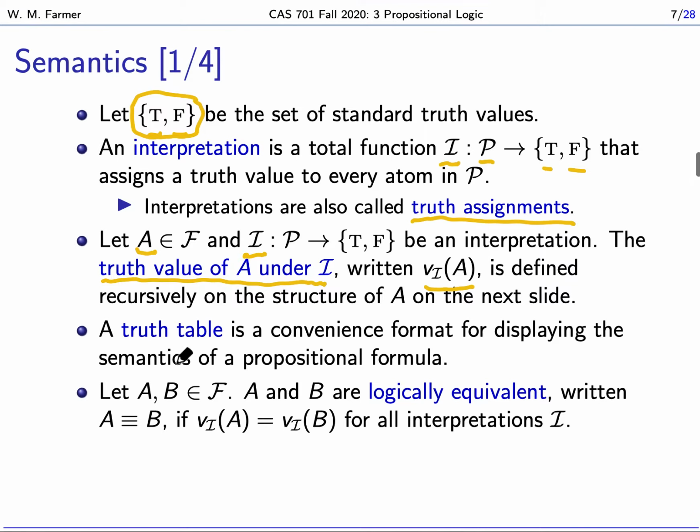Okay, so one thing that's useful is a truth table, which is a way of displaying the semantics of a propositional formula. So let's just take a simple example.